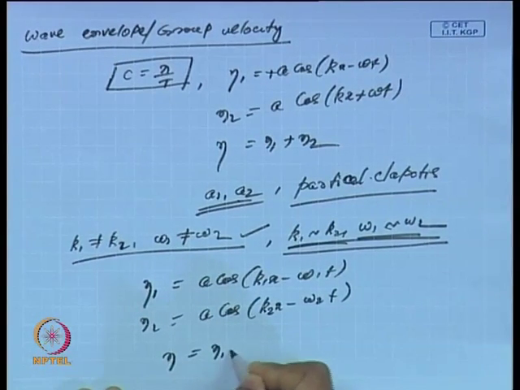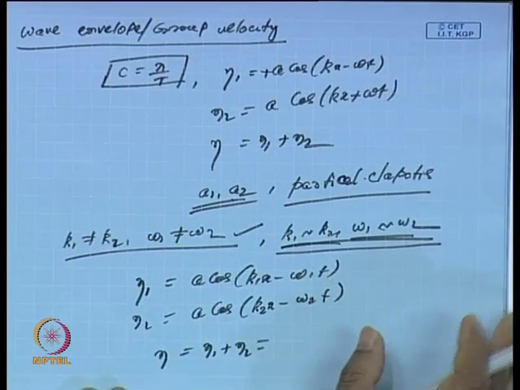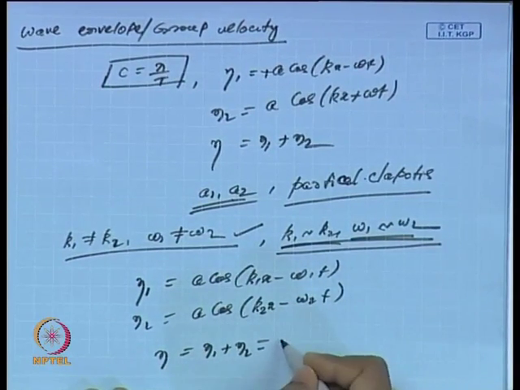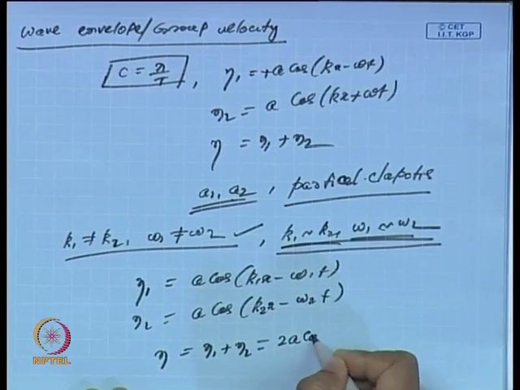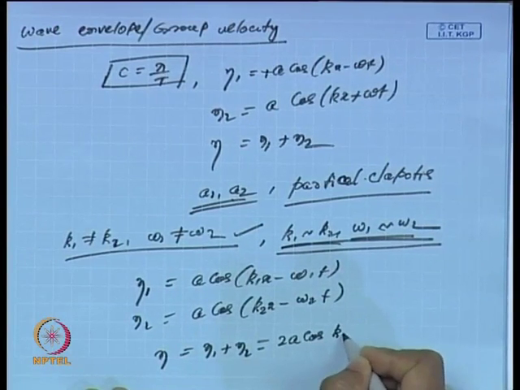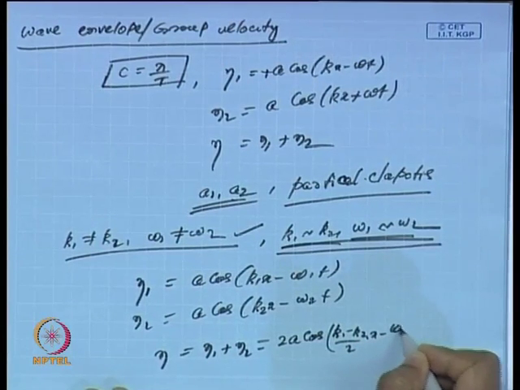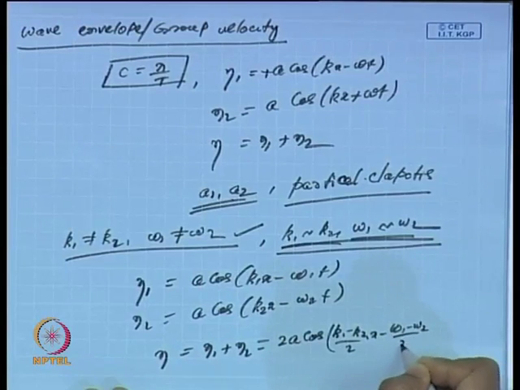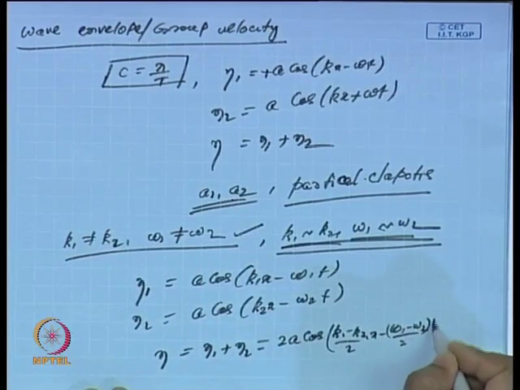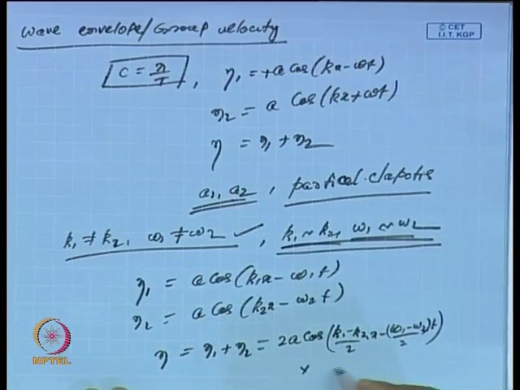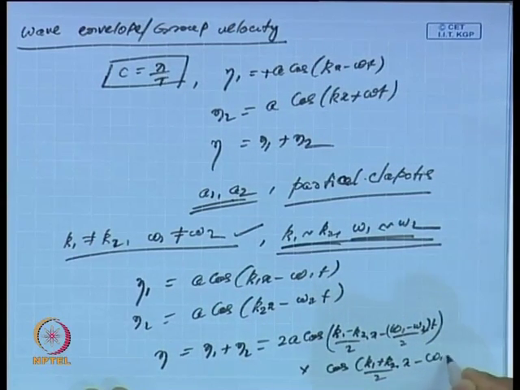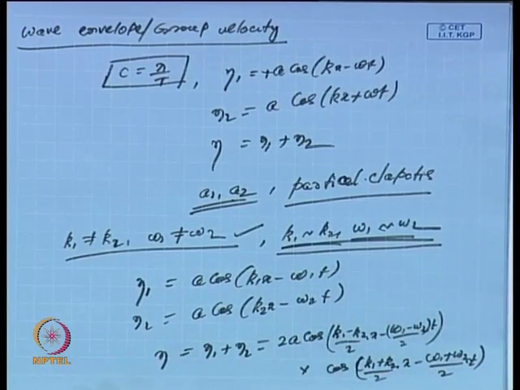Eta is equal to eta 1 plus eta 2, and that gives me 2a cos((k 1 minus k 2)/2 times x minus (omega 1 minus omega 2)/2 times t) into cos((k 1 plus k 2)/2 times x minus (omega 1 plus omega 2)/2 times t). So, this is the resultant wave.